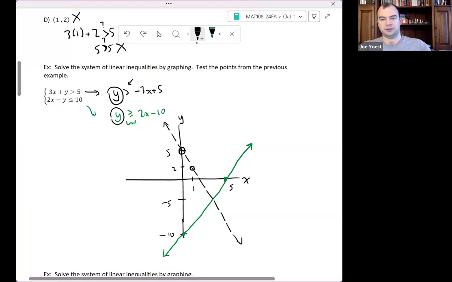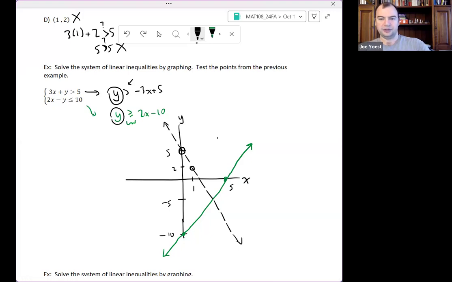And if a test point in a region does satisfy the system, then everything else in that region will as well, right? To flip over the green inequality, I would need to walk across the green line, or to flip over the black inequality from true to false, I would need to cross over the black line.